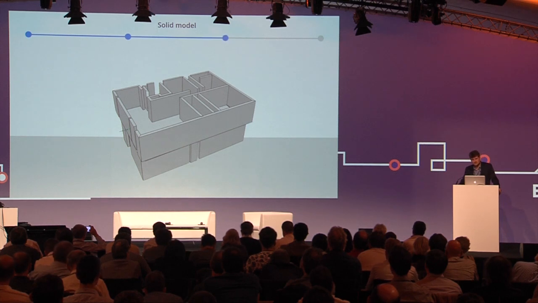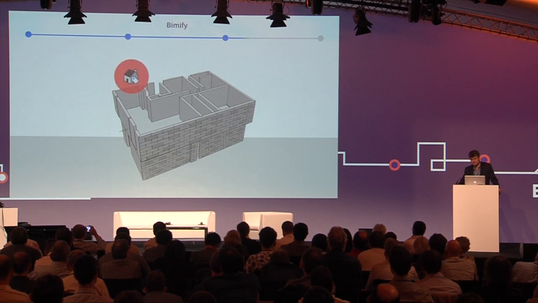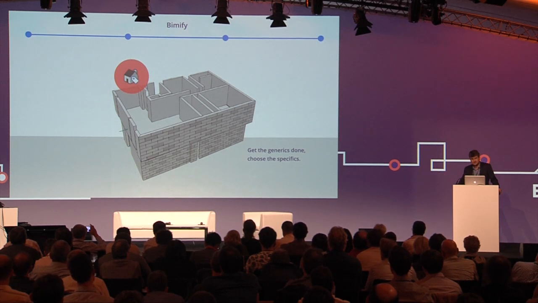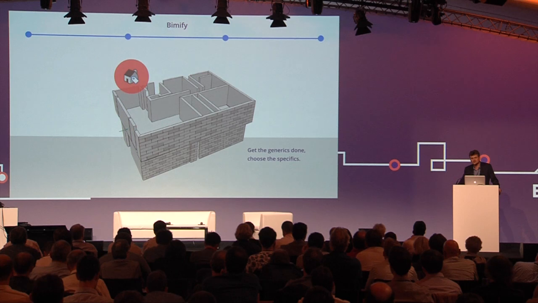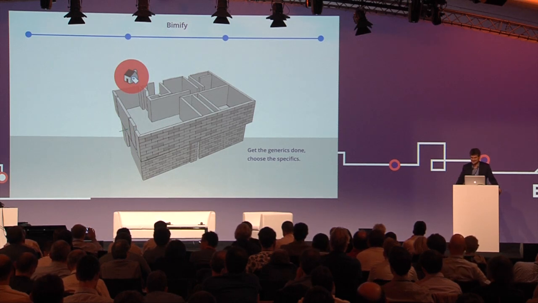And once you have your solid model, well, we showed you this tool this afternoon. It's called BIMify. The idea is that BIMify can get you all the generic stuff done. This is the stuff that you shouldn't doubt. There are no design decisions.